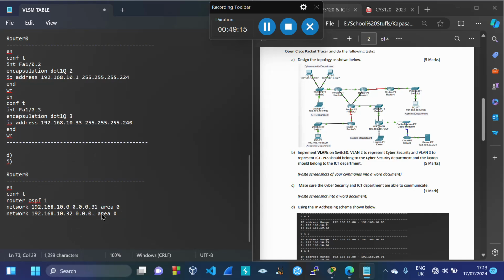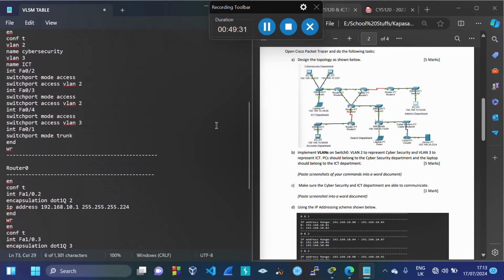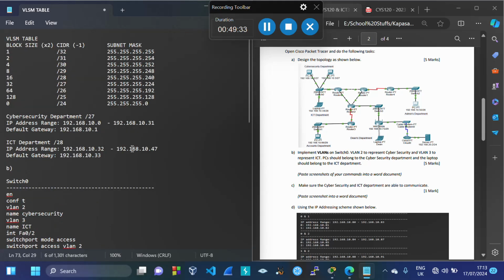So I'm going to put a 15 here. Now after doing that, it means we can only broadcast 15 IP addresses, starting not at 32, but starting at 33, then ending at 47. Because if I add that number 32 plus 15, we are getting this 47.